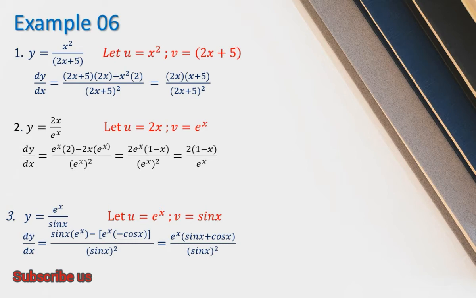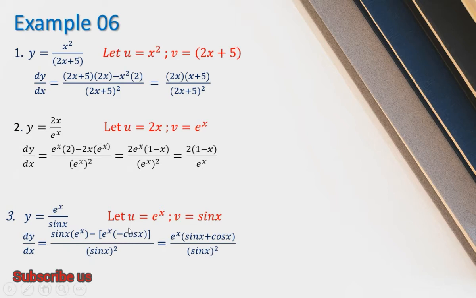Third one, e to the power x over sin x. Let u as e to the power x and v as sin x. Then dy by dx equal sin x times the differentiated function of e to the power x minus e to the power x times the differentiated function of sin x, over sin x square. Okay, here is not minus value because sin x after differentiating we get cos x.